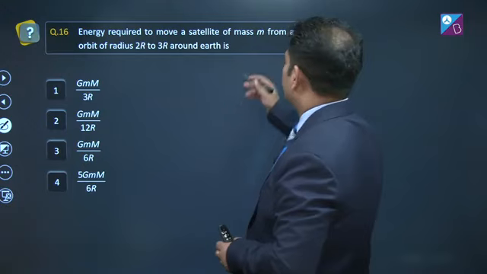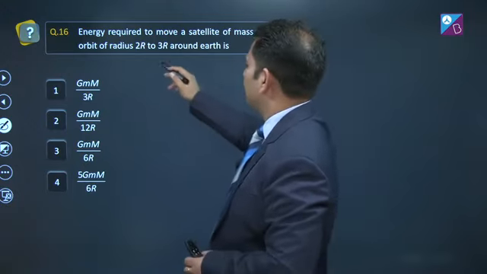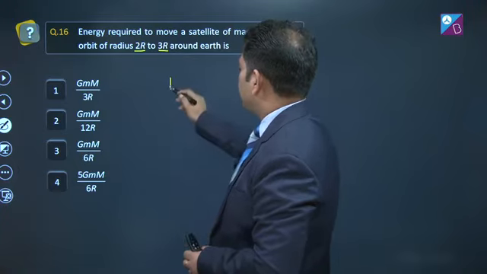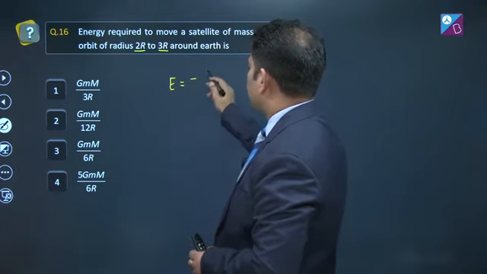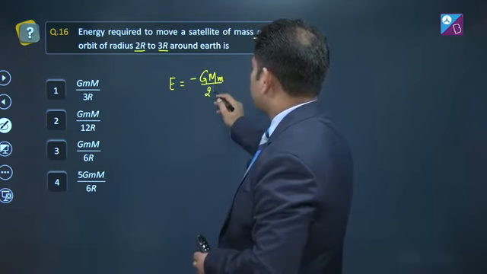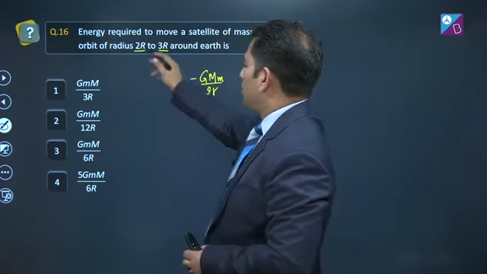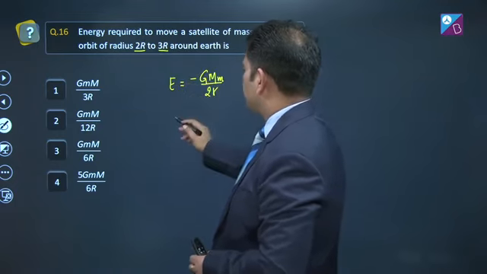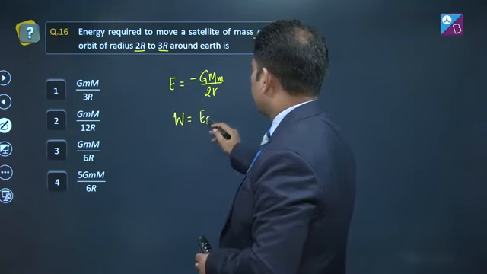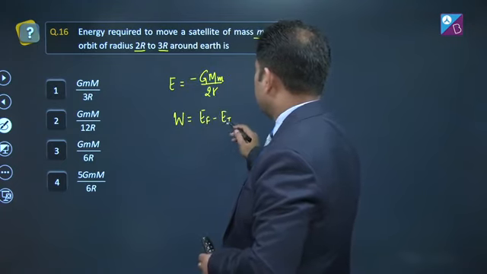Energy required to move a satellite of this mass from an orbit of this radius to this radius. The mechanical energy of a satellite is minus GMm divided by twice the radius. The orbit radius has to be increased from 2r to 3r, so the work done will be final mechanical energy minus initial.